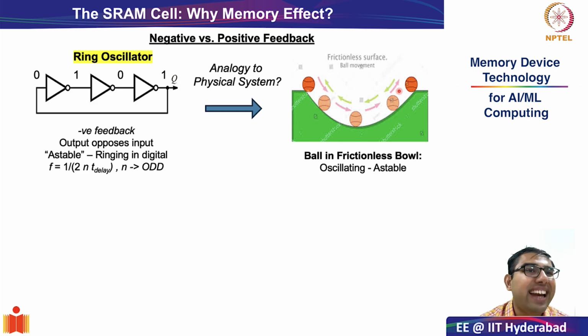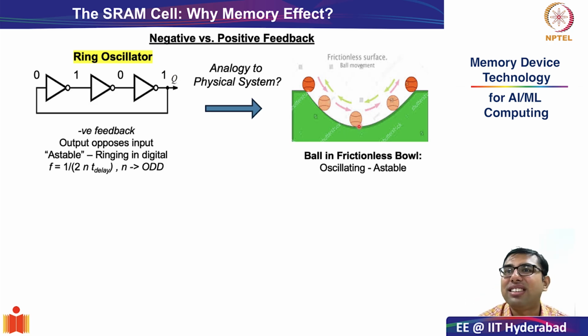This kind of oscillating system is also called an astable system, right? Because there is no particular stability point. Okay. If you had introduced some friction over here, then what would have happened? After a while, it would have come to the minimum potential energy point, which is the bottom of the bowl.